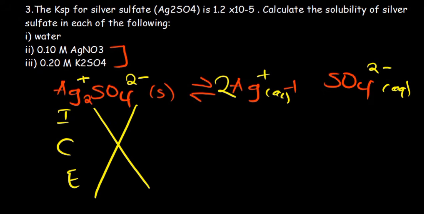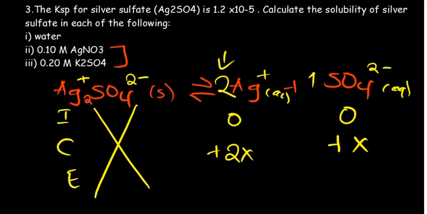We didn't have any initial concentration of any ion in water, so we just put zeros for the initial, and then our change is going to be dependent on the coefficients. So plus 2x because of the 2, and then plus x because it's just a 1 for the sulfate there. So our equilibrium will remain 2x and x respectively.